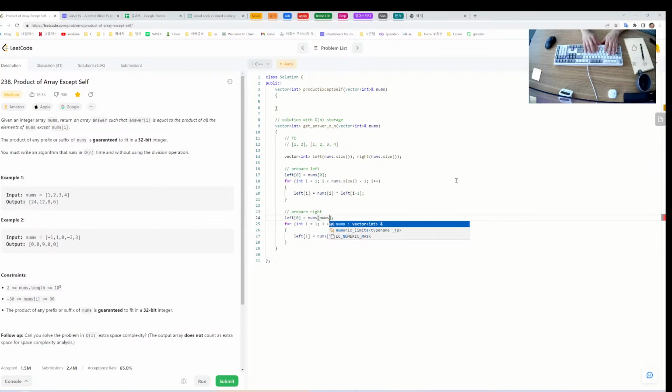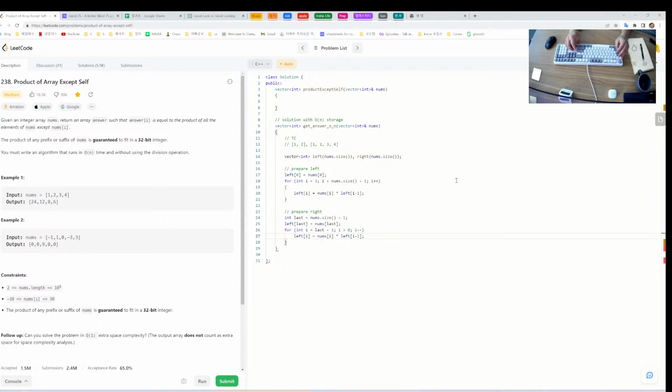So last is the size minus 1. Last one is here. So this one is last minus 1. Then i greater than 0, because the 0 index is not used. i minus minus.